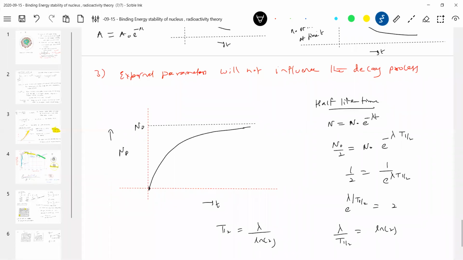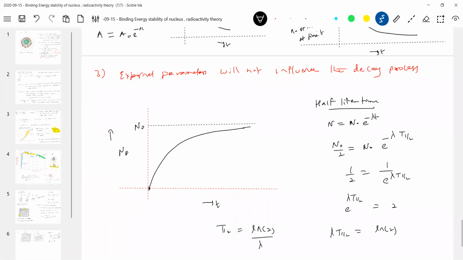Taking log on both sides, there I wrote lambda by instead of lambda into T half. Yes, it should be lambda into T half, equal to log 2. So lambda T half is equal to log 2, and T half is log 2 by lambda.